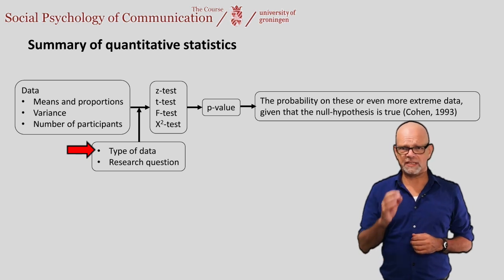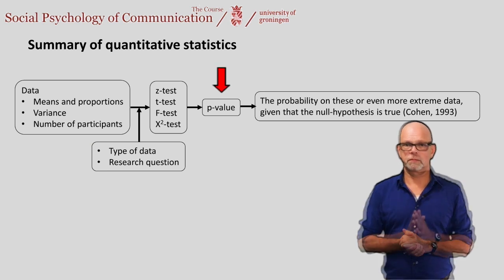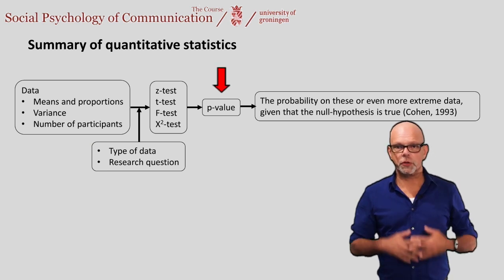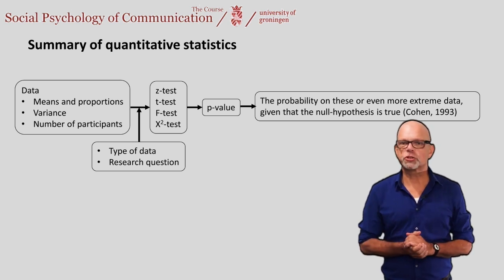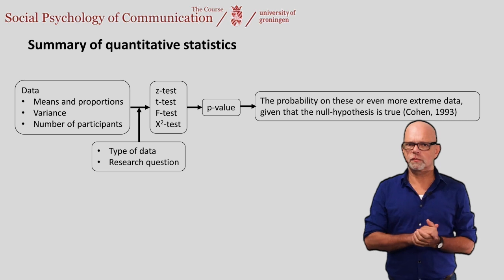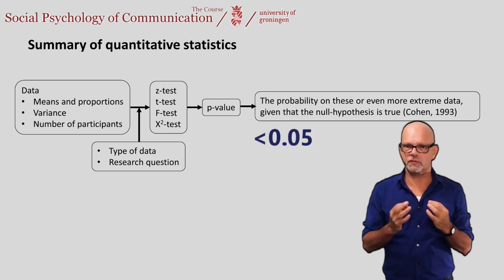The test statistic can be used to compute the p-value. The p-value is mostly used to conclude whether the hypothesis was true or not. In social sciences, a p-value of smaller than 0.05 is said to present a significant result.